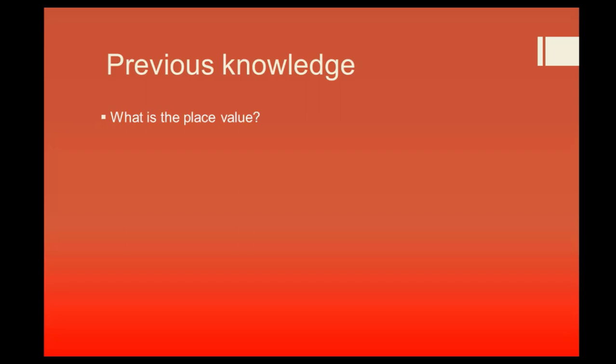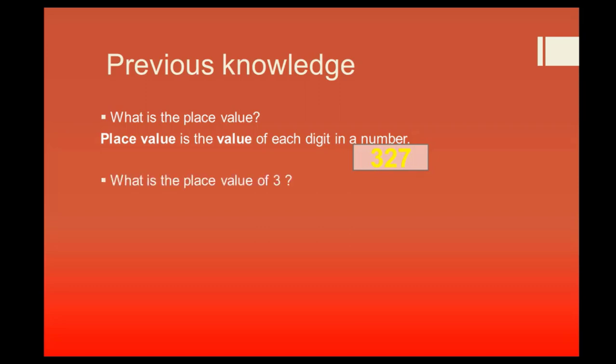Dear students, can you tell me what is the place value? We can say place value is the value of each digit in a number. We have a number 327. What is the place value of 3? 3 is at 100's place, so the place value of 3 is 300.